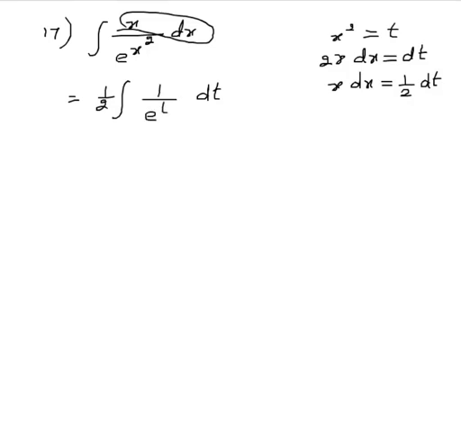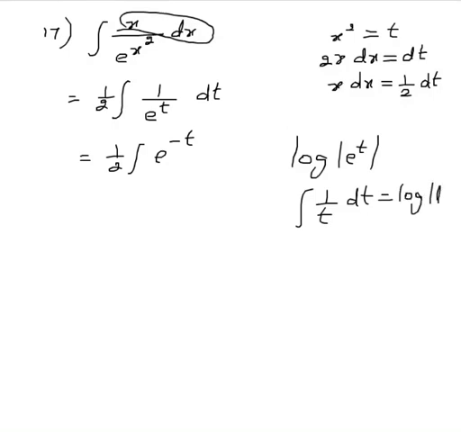1 divided by e power t. Let us write this as e power minus t. Don't write this as log of e power t. Integral of 1 by t is log t. This formula is applicable only for linear functions, not for exponential function. This is half.